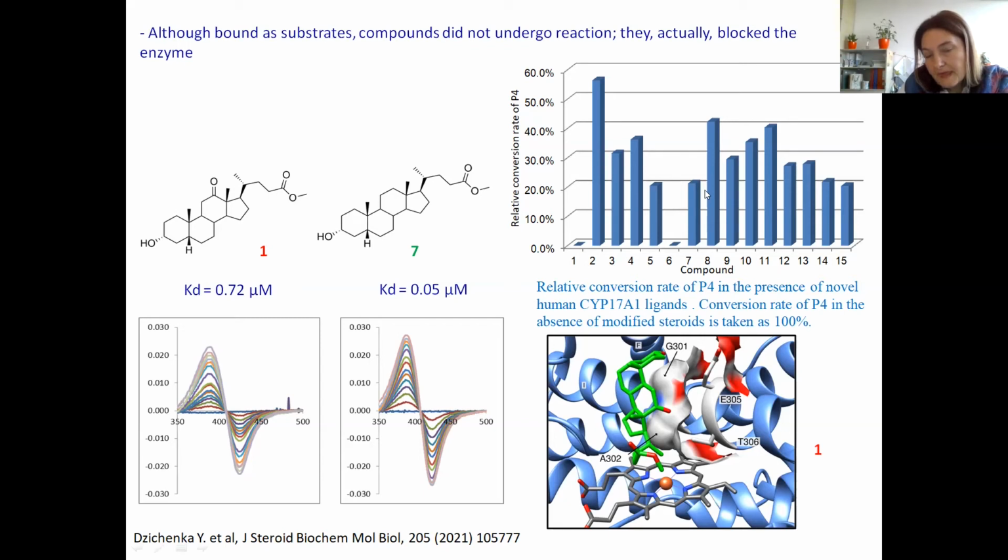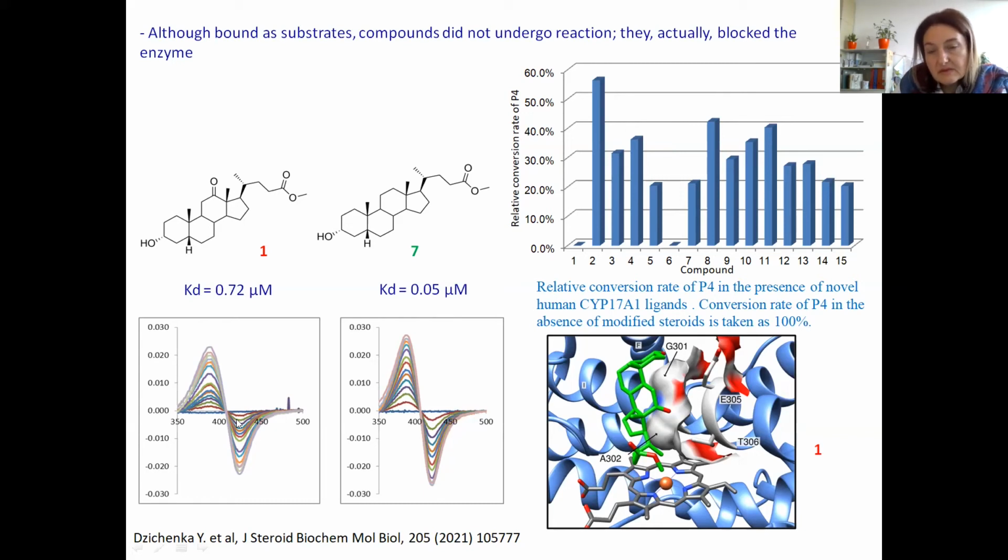So when we checked the activity of this enzyme in the presence of such ligands, in all cases it was less effective, but in some cases, presence of compounds, for example, 1 and 6, the enzyme was completely ineffective. Although bound as substrates, they didn't go on to reaction, so they just inhibited the enzyme.